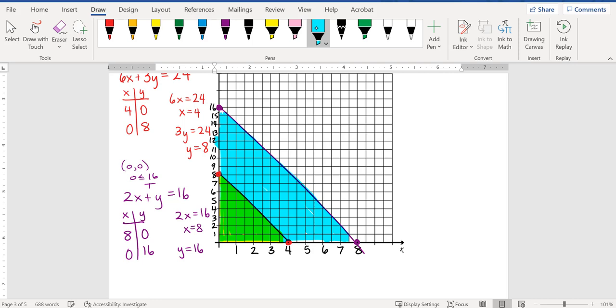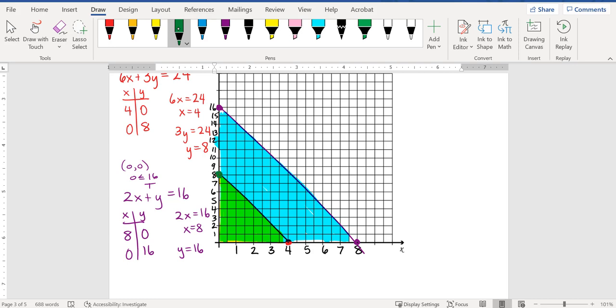So the yellow region satisfied the first one, the blue region satisfied the second one, and the green satisfies both. So my feasible region is there in green. All right, the feasible region is in green. What are the corner points of my feasible region?